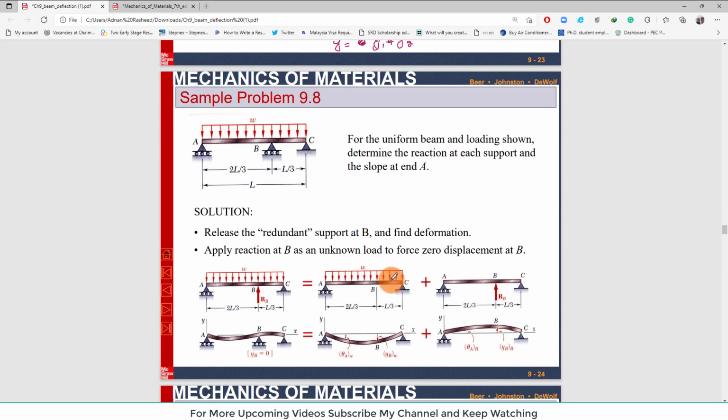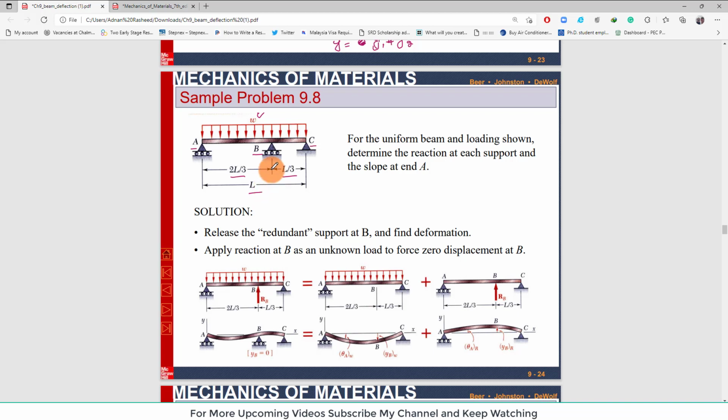Sample problem 9.8. You can see this is a beam that is acted upon by a uniformly distributed load as shown. There is a roller support at point A, a roller support at point B, and a pin support at C. The distance between the roller supports A and B is 2L by 3, and from point B to C it is L by 3.